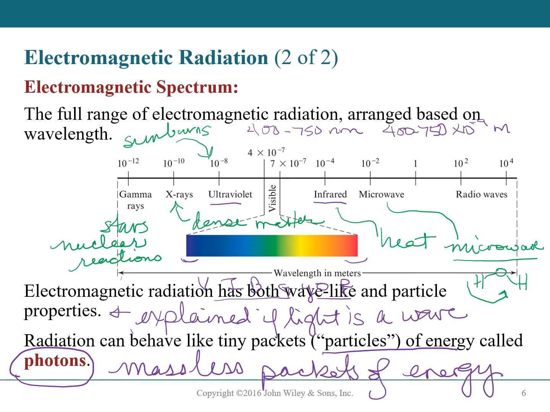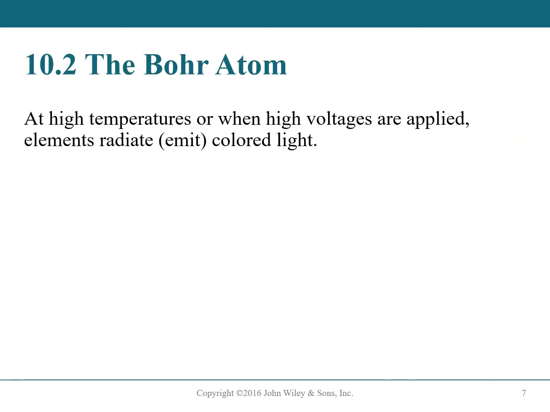And we use radio waves for telecommunications, so your phone, TV, any other types of telecommunications. Okay, and these are also emitted by stars as well. All of this, the whole range, is emitted by stars.